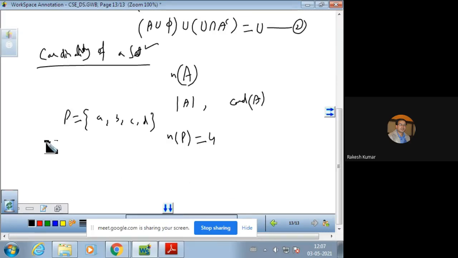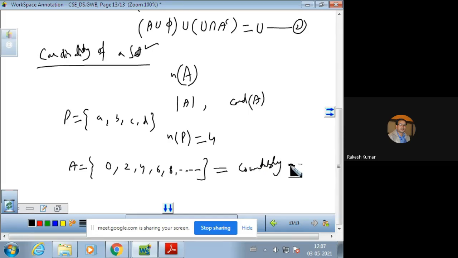One more thing. Suppose we have a set of non-negative even integers, that is 0, 2, 4, 6, 8, and so on. Now just see, A set is a countably infinite set.